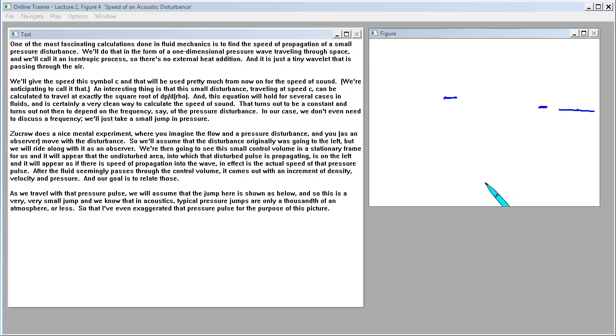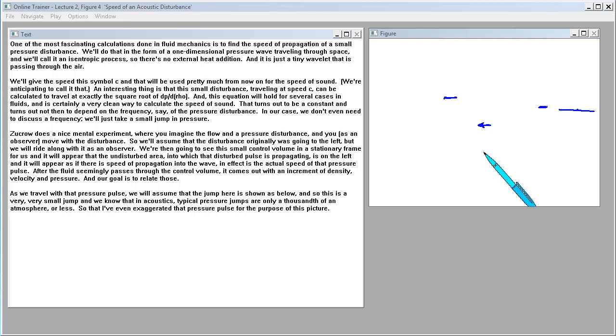Zucrow does a nice mental experiment where you imagine the flow and a pressure disturbance, and you, as an observer, move with the disturbance. So we'll assume that the disturbance originally was going to the left, but we will ride along with it as an observer.